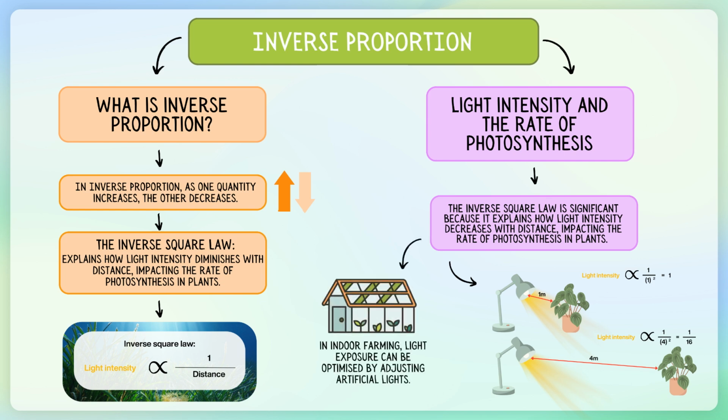We also considered the practical applications of this law in indoor farming and greenhouses. By understanding the principles of inverse proportion and the inverse square law, you now have a deeper understanding of the factors that affect the rate of photosynthesis. This knowledge is essential for studying plant biology and the broader field of bioenergetics, impacting both ecological studies and agricultural practices.